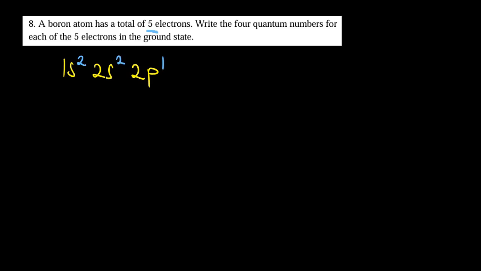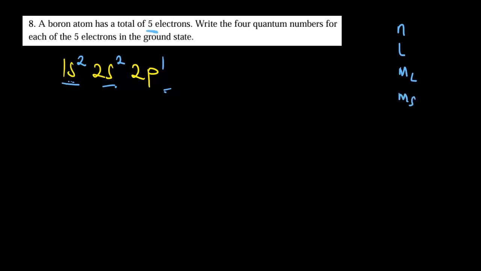So if they want us to find the 4 quantum numbers of each electron that is here, we have 2 electrons. We have to find their 4 quantum numbers. Remember we said the 4 quantum numbers are the principal, the angular momentum, and the magnetic, which is ml, and then we have the ms, which is the spin quantum number.